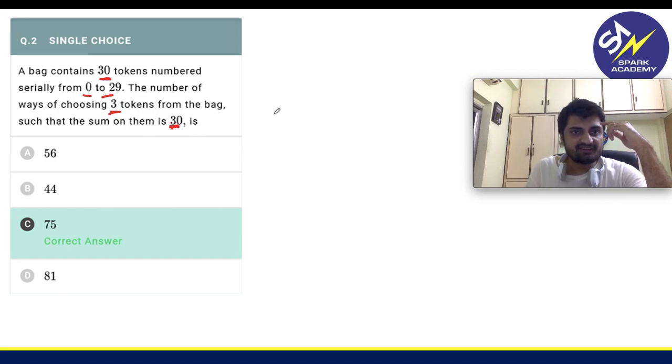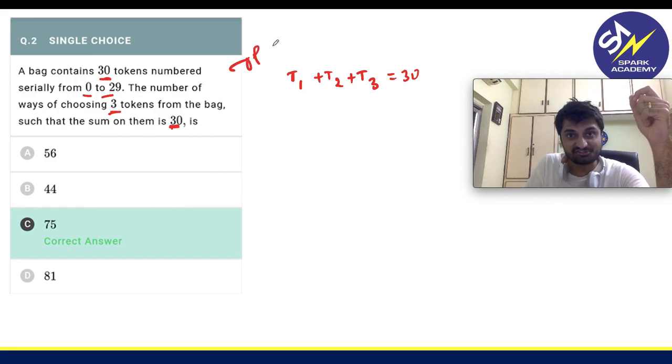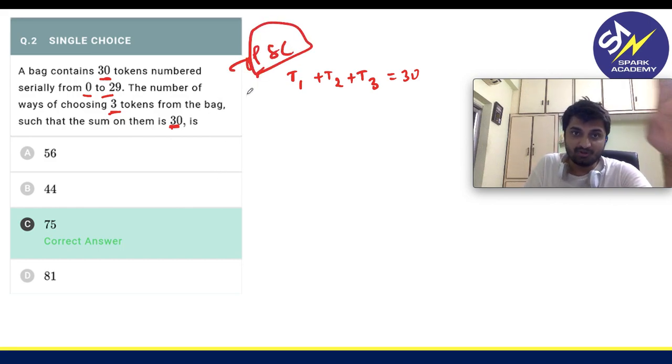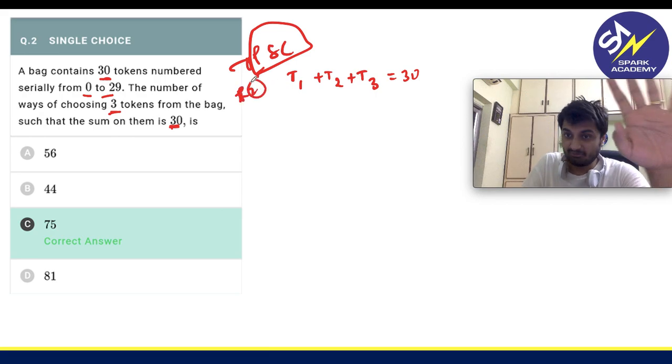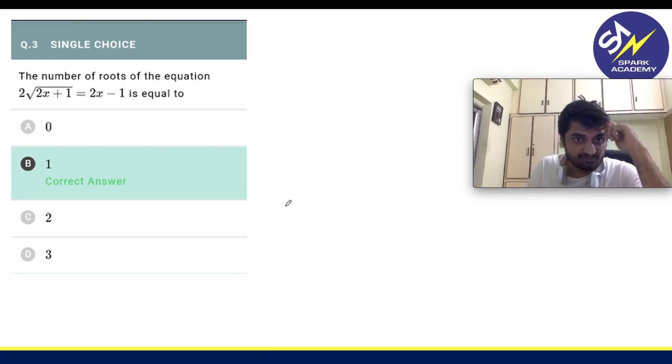Okay, so basically T1 plus T2 plus T3, you need to get the sum as 30. Again, you are using both permutations and combinations, so probably I'll keep it for round 2. I want to start with simple questions.